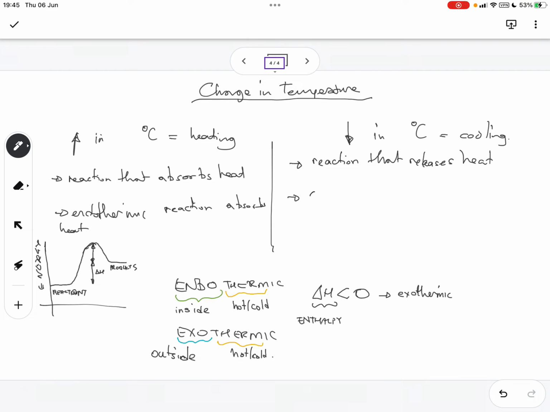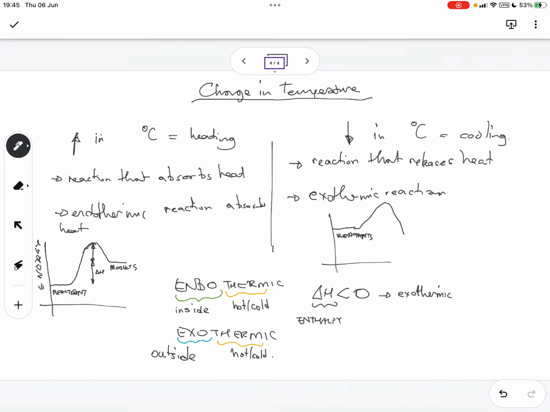The favored reaction is the one that releases heat. In other words, this is the exothermic reaction.